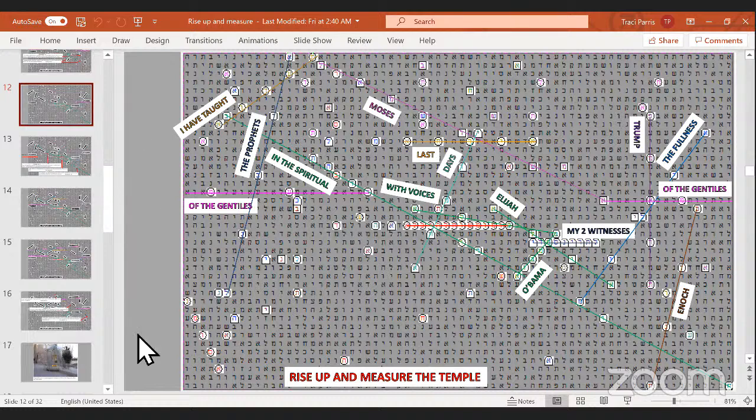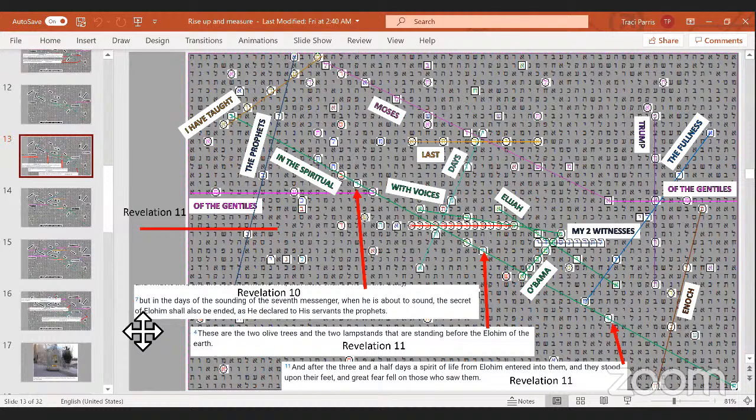Then we have, I have taught the prophets and Moses. And this is in the spiritual. In the spiritual, all of these letters run through there.